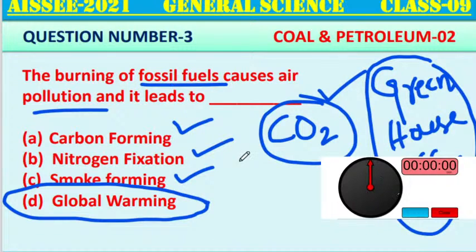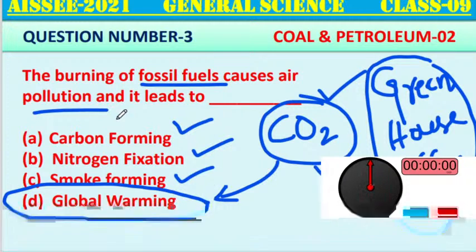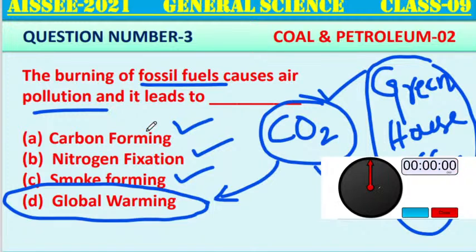It increases global warming by the greenhouse effect. So the process is called the greenhouse effect, and the result is global warming. It is due to carbon dioxide.